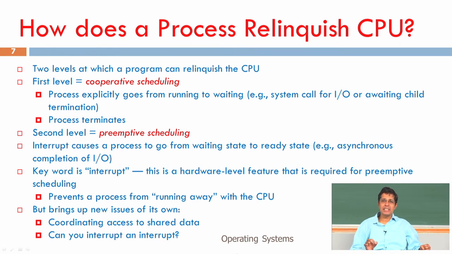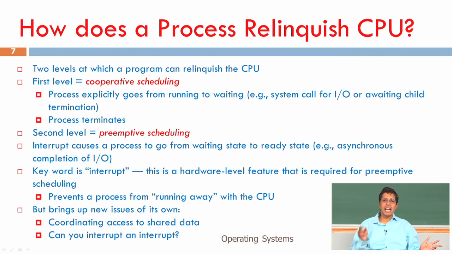So the keyword is interrupt, and this is a hardware level feature that is required for preemptive scheduling. As we will see in the scheduling algorithms in the next module, preemptive scheduling will stop a process from running away with the CPU, meaning having the CPU for eternity and not allowing other processes.